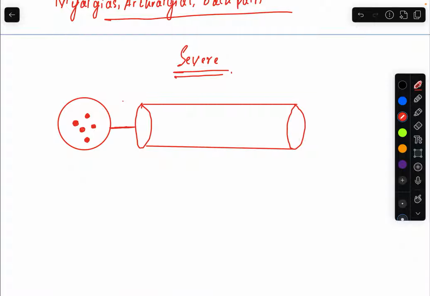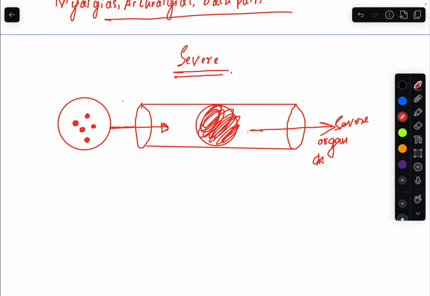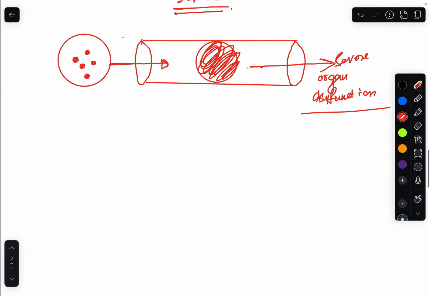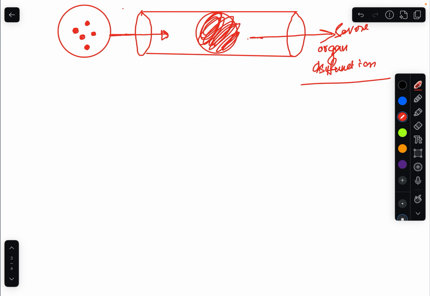These infected erythrocytes block these capillaries, and this capillary blockage leads to severe organ dysfunction. So what are the clinical features we see when there is severe organ dysfunction? If one or more of these features are present, then this is known as severe malaria.